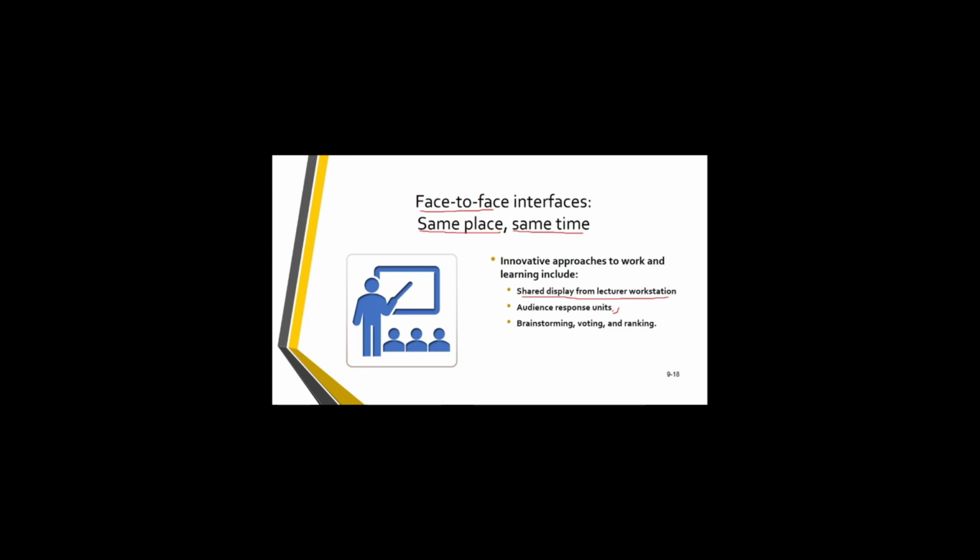The most basic type of audience response unit is the clicker, which is a small handset handed out to the audience members, which they use to respond to questions asked by the presenter.